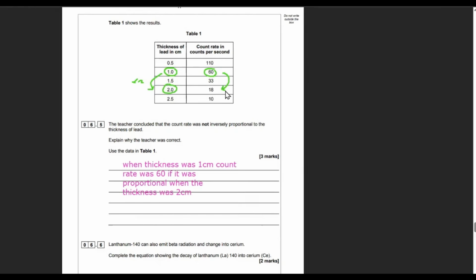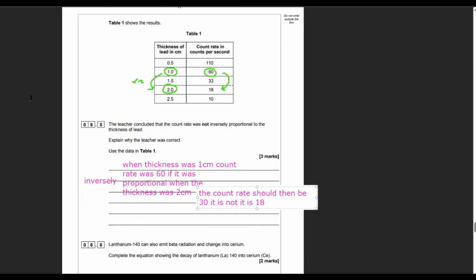The count rate should halve. So if it's inversely proportional, then when the thickness was 2, the count rate should then be 30. It is not, it is 18.